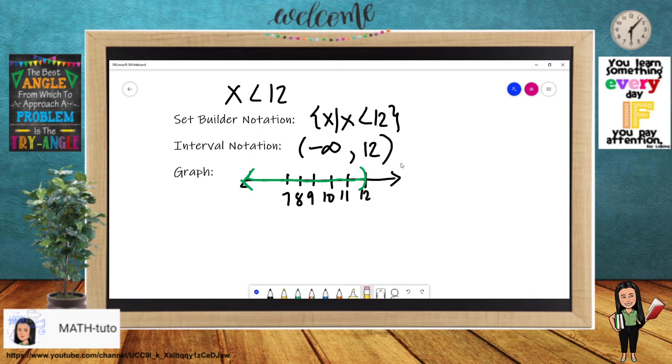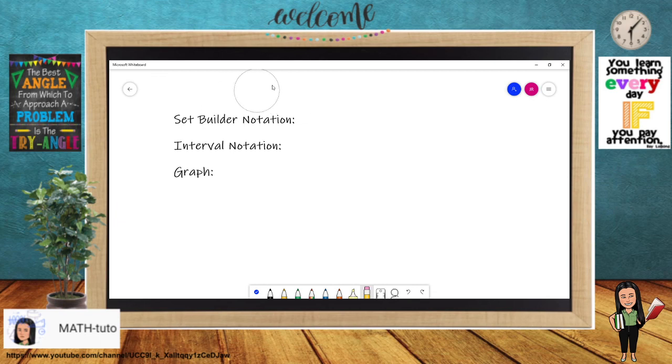Okay, let's have another example. Yung compounded naman. So we have x is less than negative 1 but is greater than negative 4.